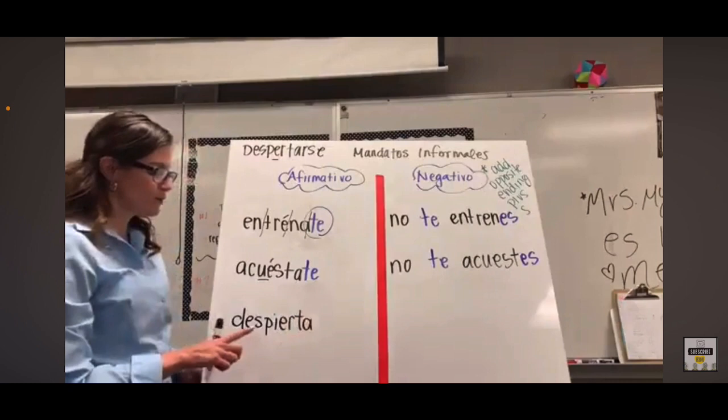Well, three if you count se, but there's two. So which one do we change? Well, you change the one that's closest to the ending. We're not counting se in this case. So we're going to change the second E to an IE. So it should be despierta.